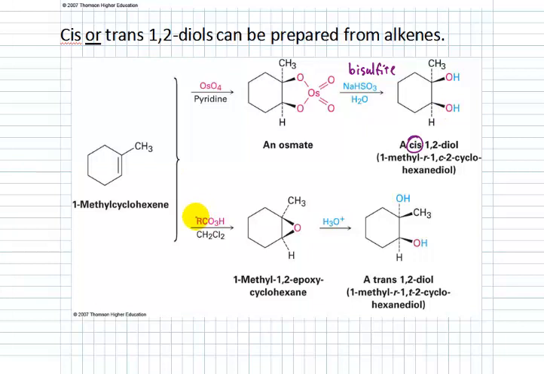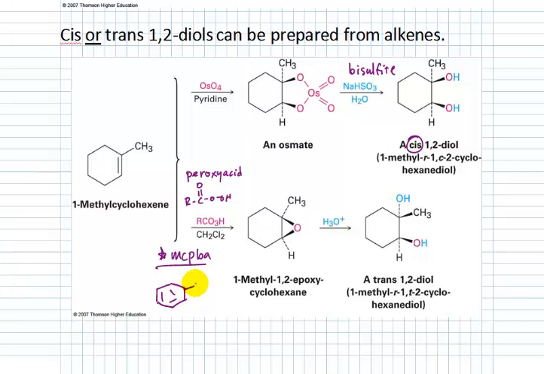Right? They just say in general RCO3H. C double bond O, OH is a peroxy acid. MCPBA is the most common. And thanks to our aromatic chapter, that name makes sense to us now.